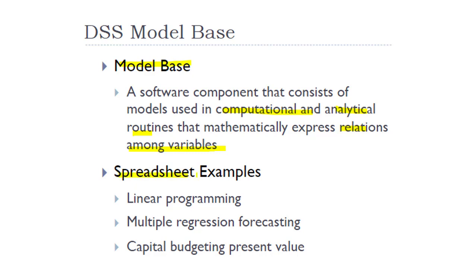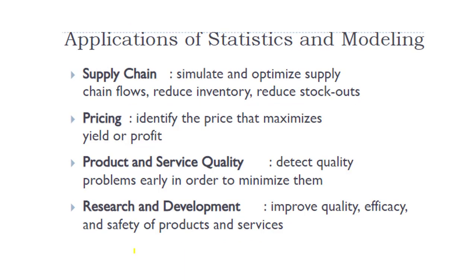The second is spreadsheet examples. We have linear programming, multiple regression forecasting, capital budgeting, present value. So here are the applications of statistics and modeling. We have first supply chain: simulate and optimize supply chain flows, reduce inventory, reduce stock outs. So those are examples.